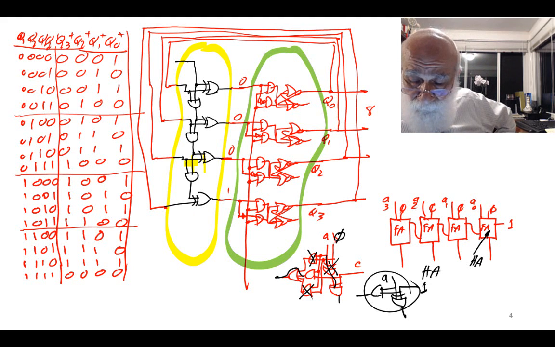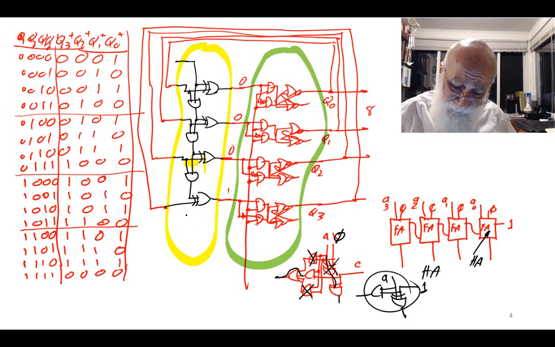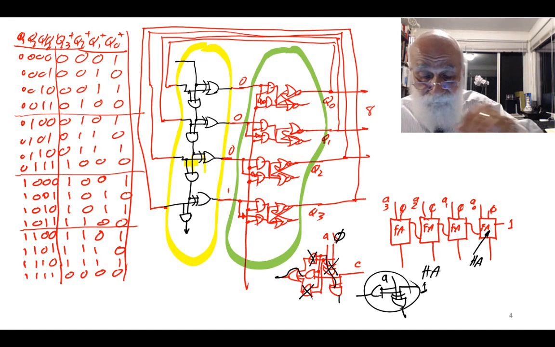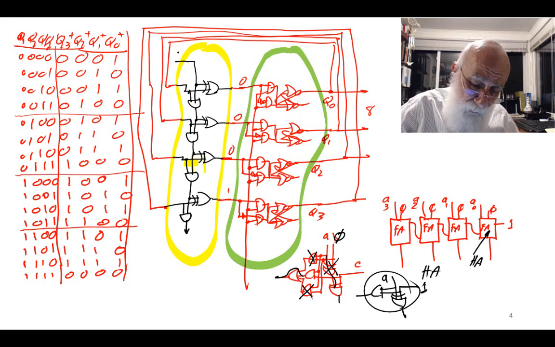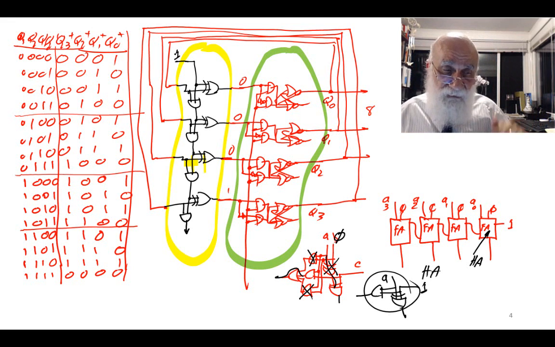Okay. Now I have another AND gate, which, if I really want to use full adders, generates the carry output, which I'm not using. And for now I'm going to put a 1 here, and now let's analyze this circuit.